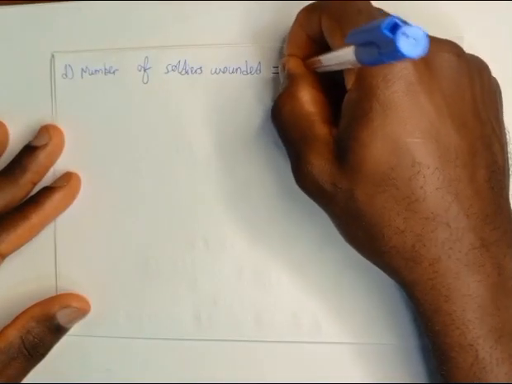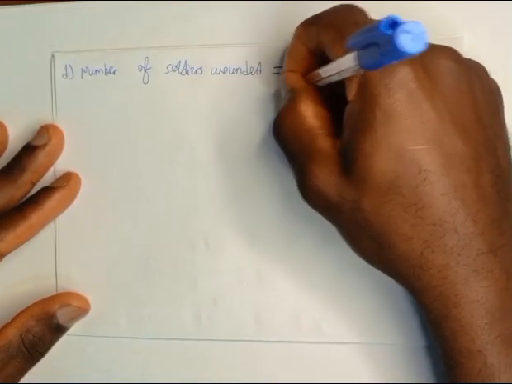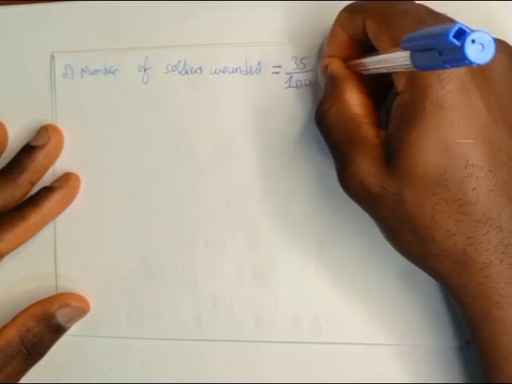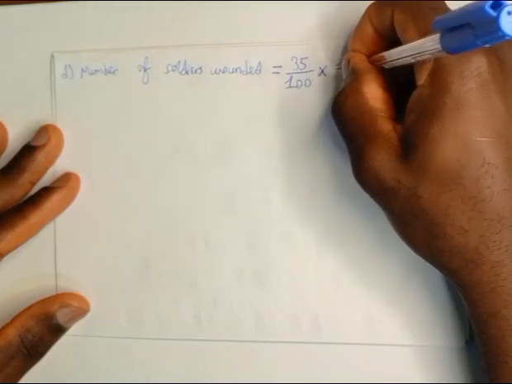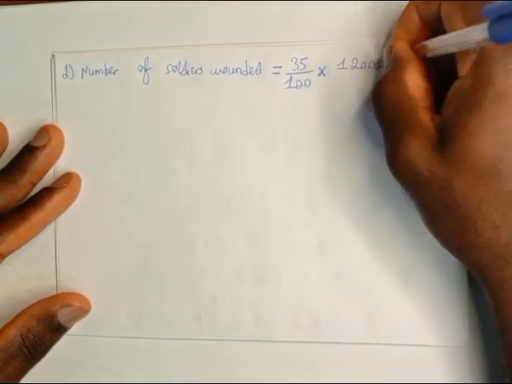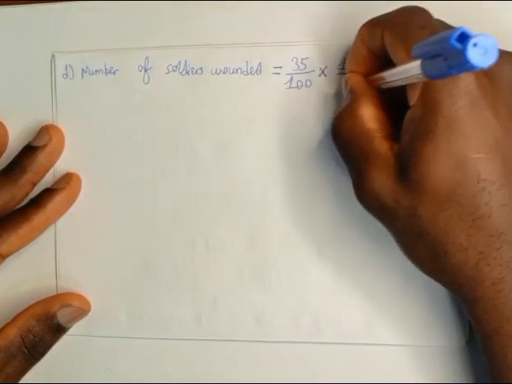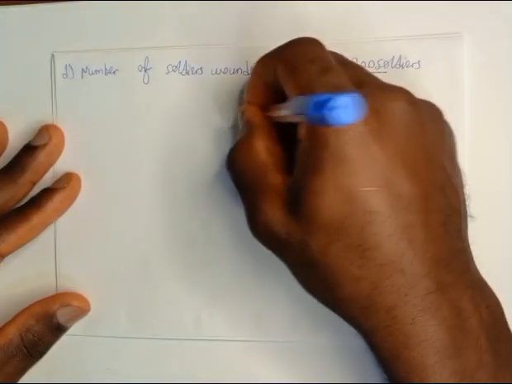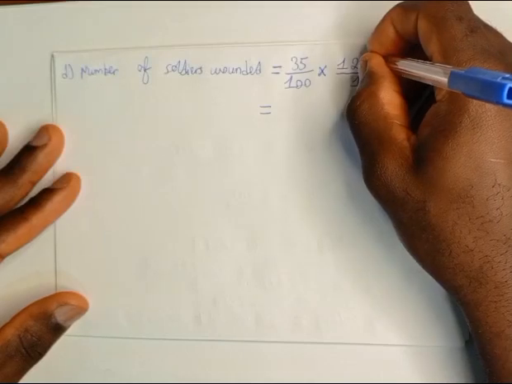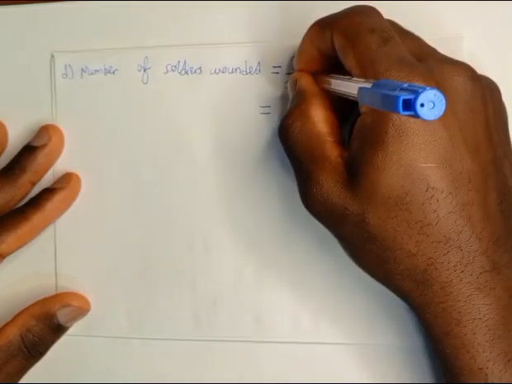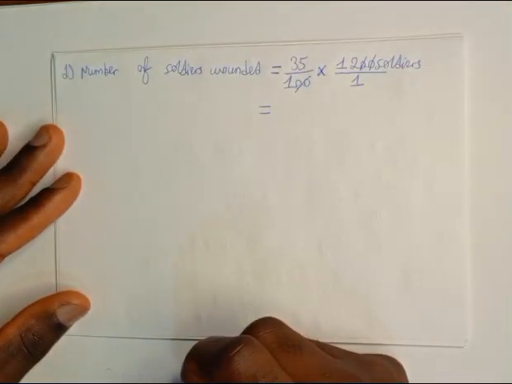This will give us 35 all over 100 times the total number of soldiers, 1,200 soldiers all over 1. Next we have to simplify. 100 will go into 1,200 12 times. 100 divided by 100 gives us 1.